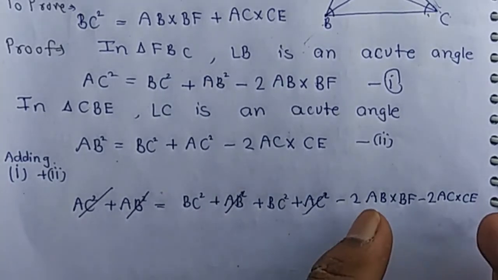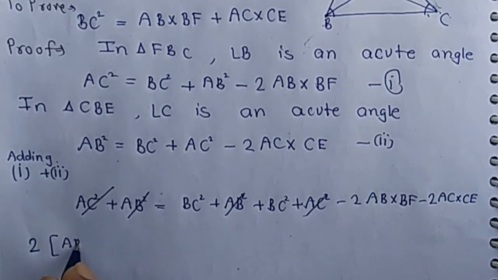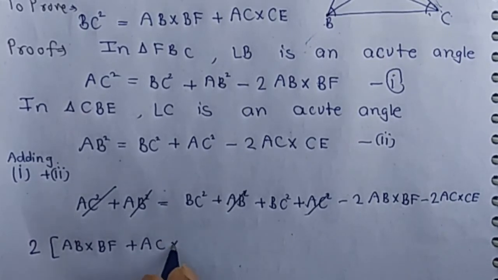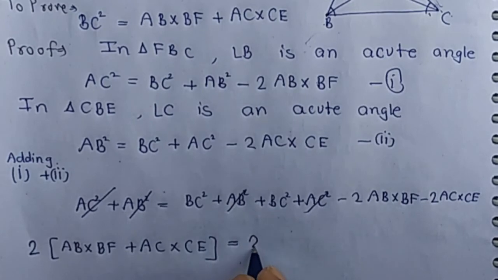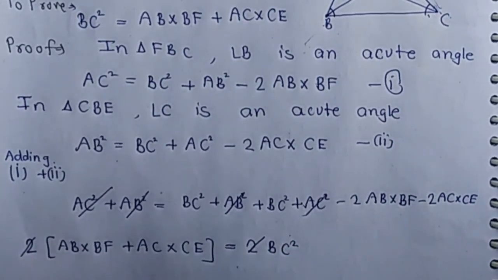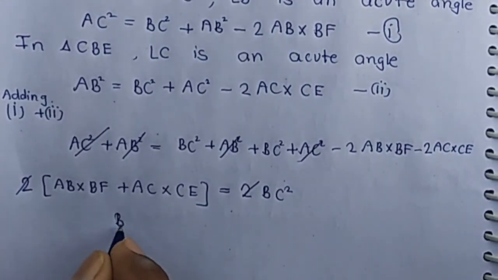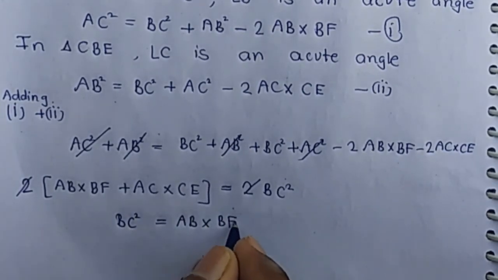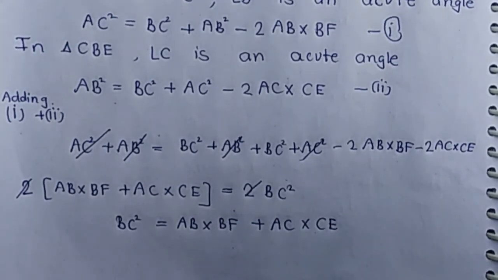We shift this term to LHS, 2 common, AB into BF plus AC into CE equals BC square plus BC square, 2 BC square. 2 cancel out. We have BC square equal AB into BF plus AC into CE, and it is the answer.